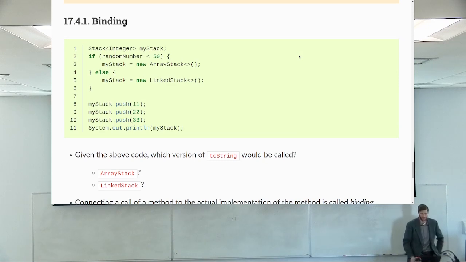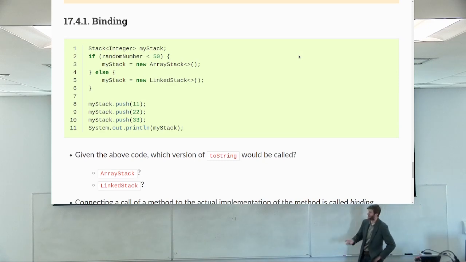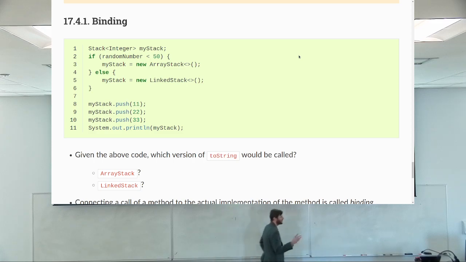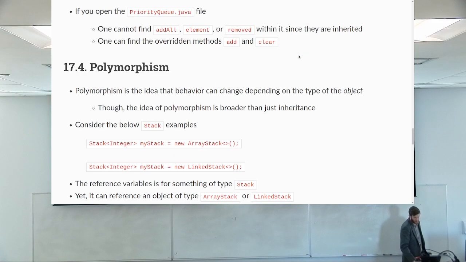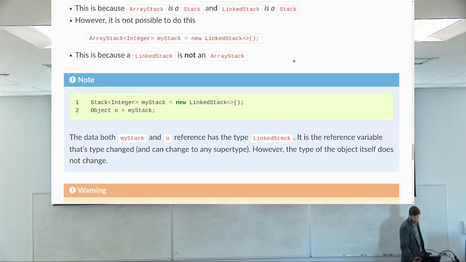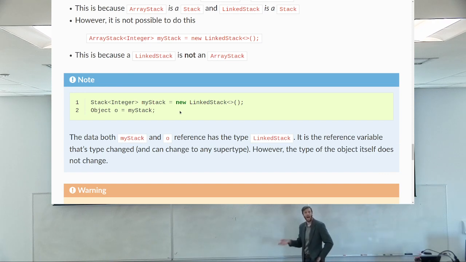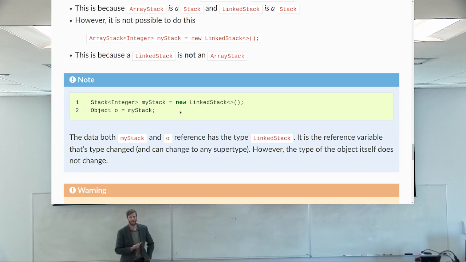All right. So, for example, imagine I ran this code. And I ask you, let me hit pause on this. If you look at this line of code right here, what type of stack am I making on that line of code?